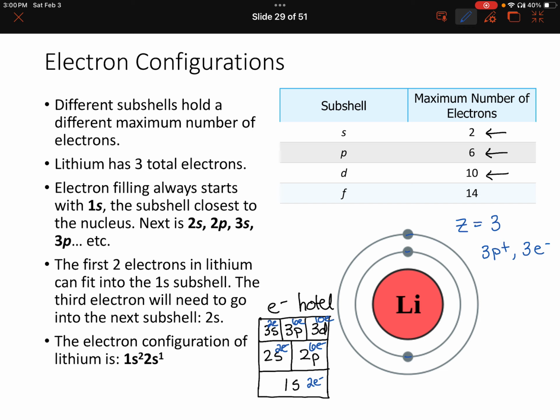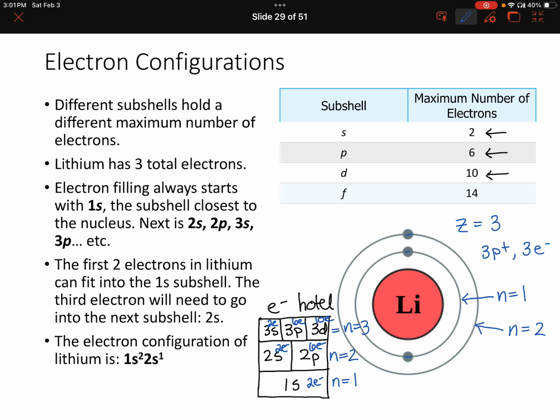And we said that the first 2 live in the first energy level, n equals 1. And then the last electron, the third one, lives in energy level 2. So that's going to be the same as these hotel floors. We have n equals 1, n equals 2, n equals 3.